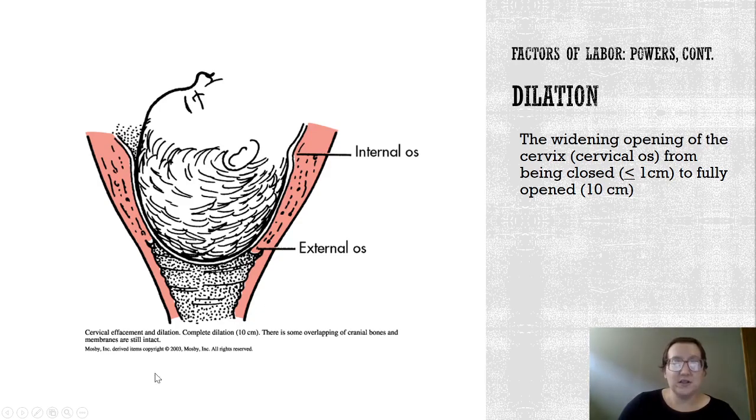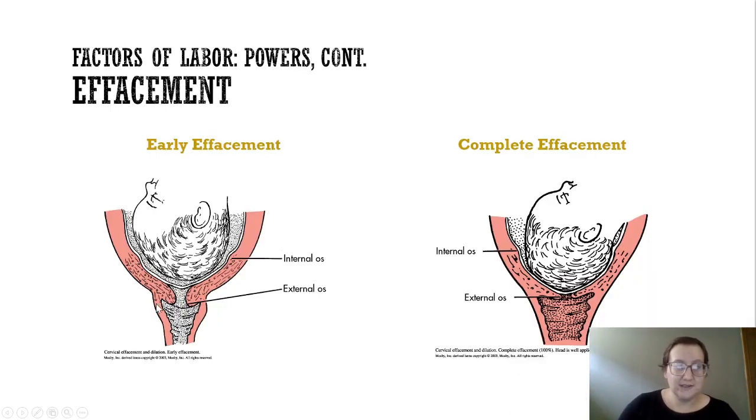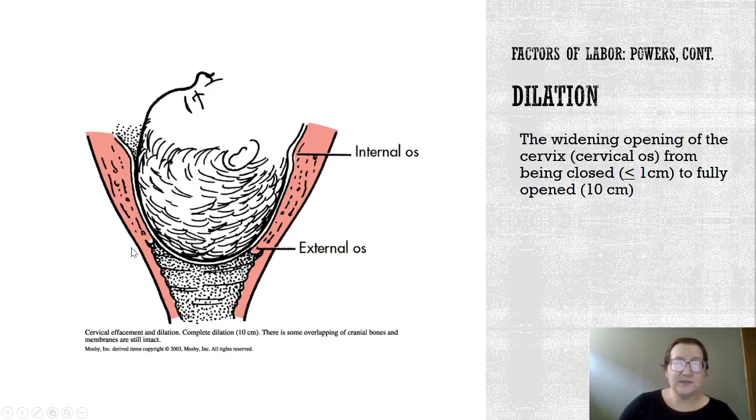It initially is closed, fingertip, less than 1 centimeter, to a full 10 centimeters. In this particular diagram, they're showing you that the membranes are still intact. That's this little thin white band between the skull of the fetus and what is supposed to be the representation of the cervix. And you're going to have some molding here. As you can see, that fetal head has some overlapping.